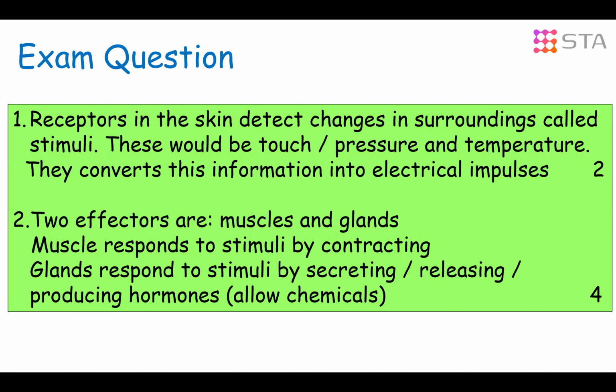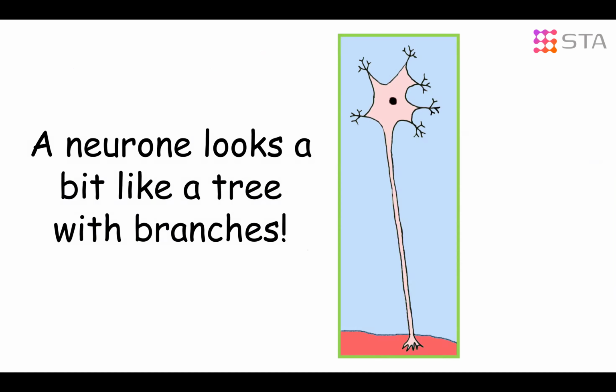Glands respond to stimuli by secreting or releasing or producing hormones or chemicals. Okay, and those chemicals could be enzymes as well, such as produced by the salivary gland. Okay, so do pause the video if you need to get anything down. Otherwise, if you're happy, we will move on.